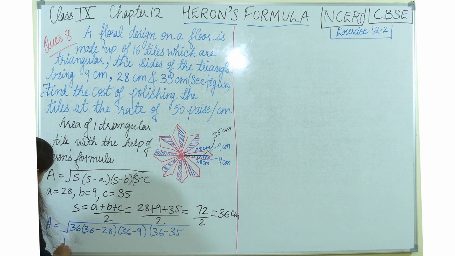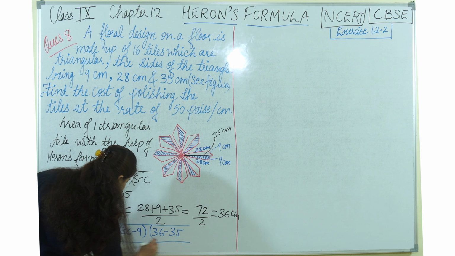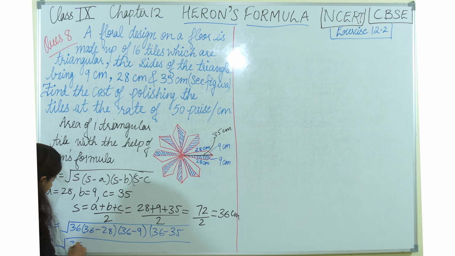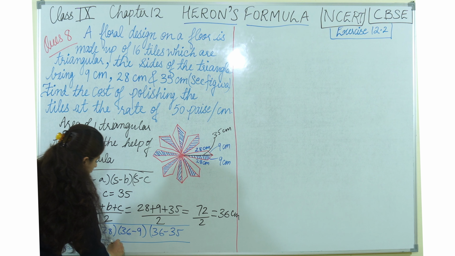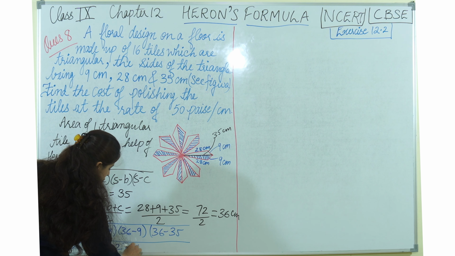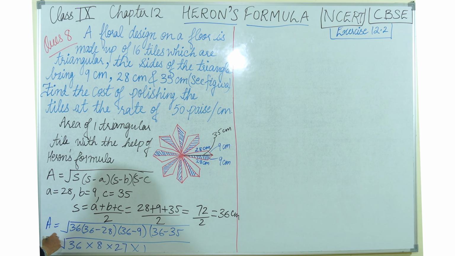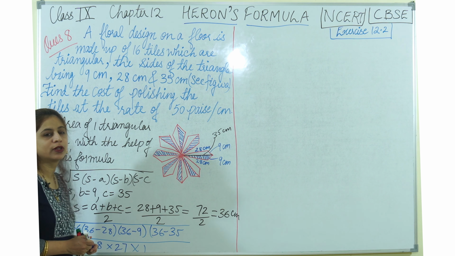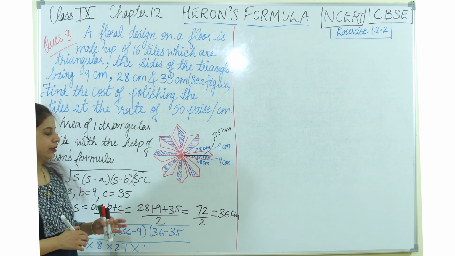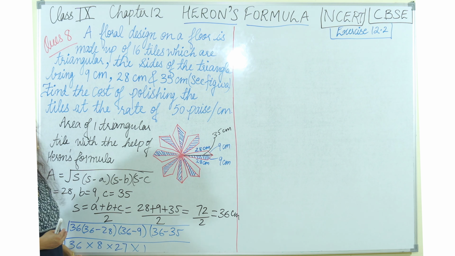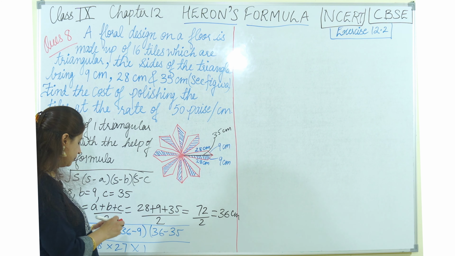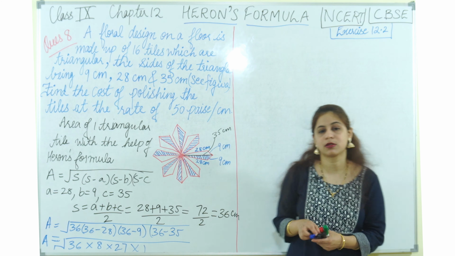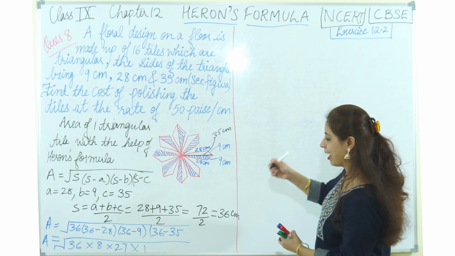So here we will be getting 36 into 8 into 27 into 1. So let us make the factors in order to find out the square root. All the pairs will come out from the square root and the numbers which do not have a pair will remain in the square root. Okay, so let us write down the factors.